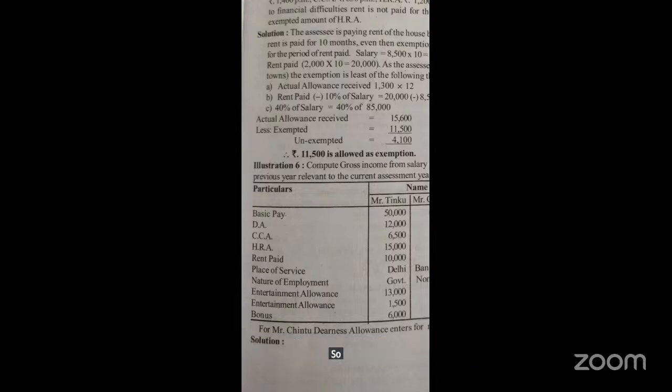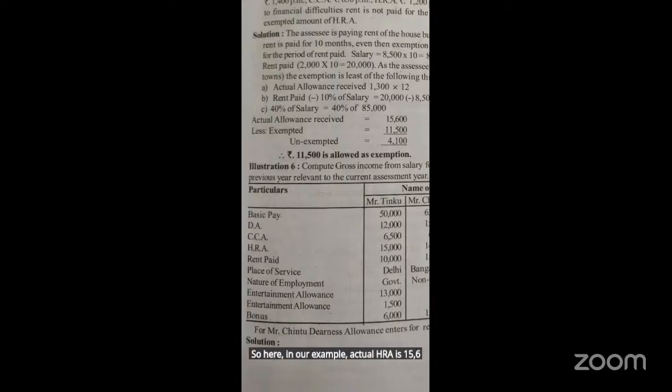So when you calculate the exempted amount for HRA, actual amount received for HRA minus exempted HRA equals unexempted HRA. So here in our example, actual HRA is 15,600 less exempted amount 11,500. So 15,600 minus 11,500, you get 4,100. That 4,100 is taxable, that means unexempted HRA.